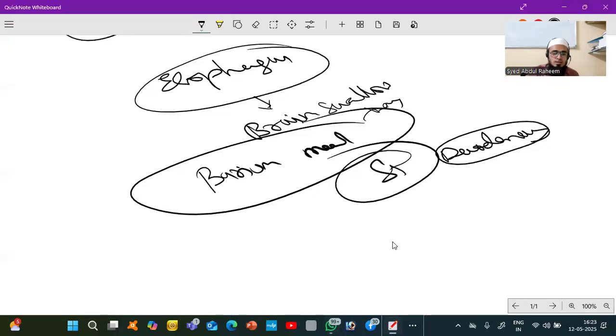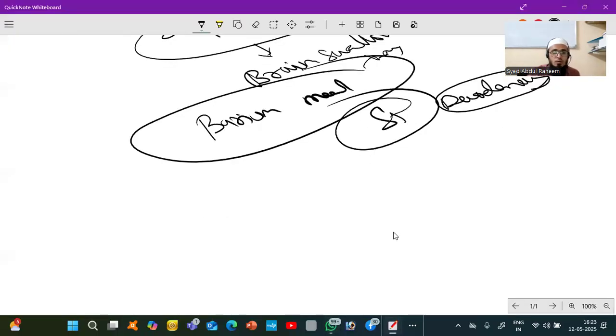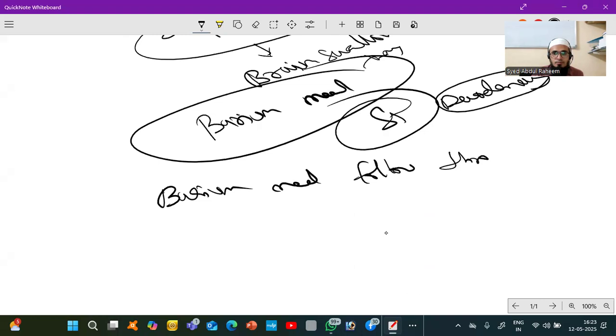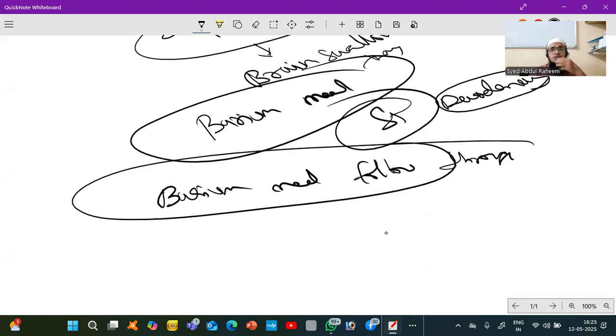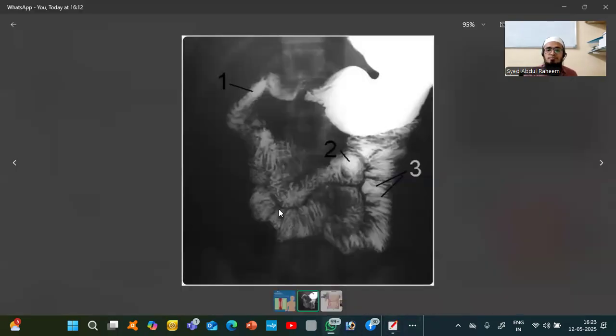Next we have barium meal follow through. Follow through means it is a continuation. It's not only the stomach, but all the internal organs after it, the intestine. This is the stomach, duodenum, ileum.